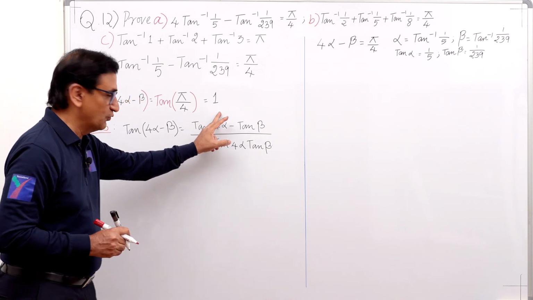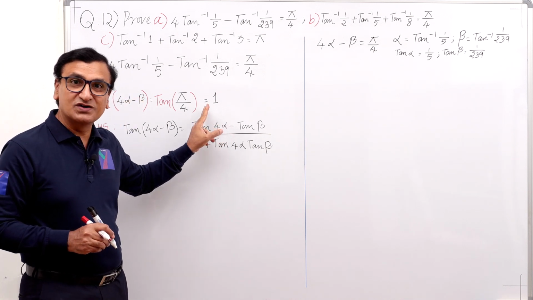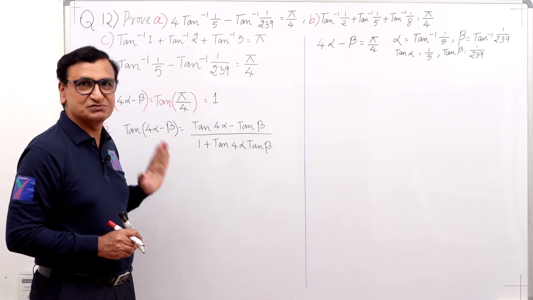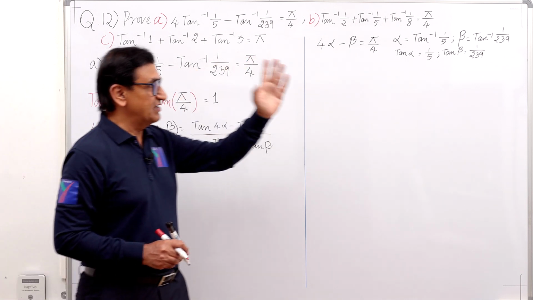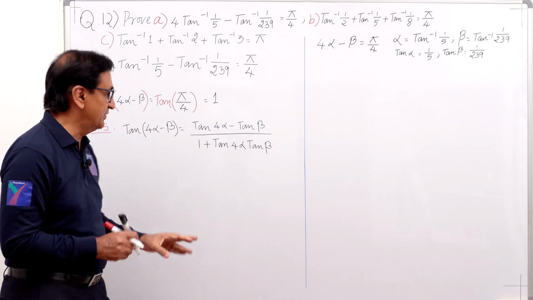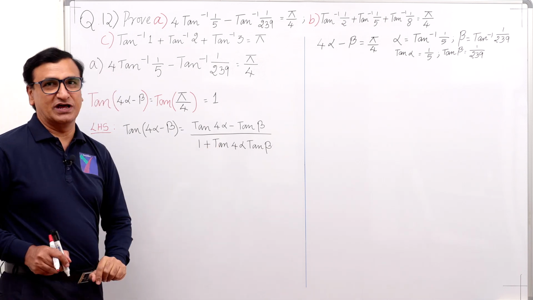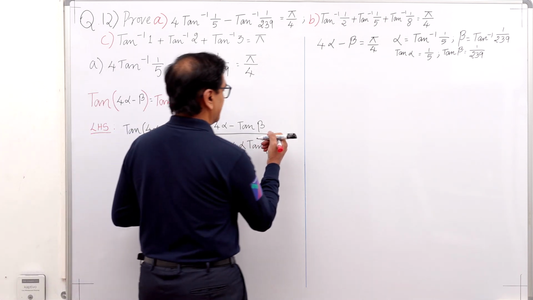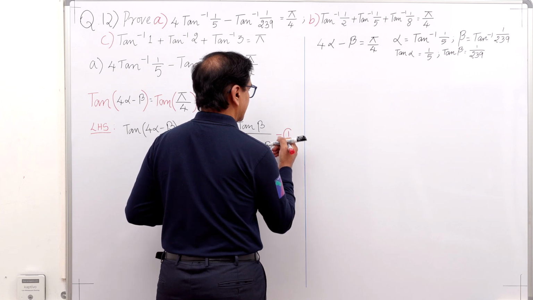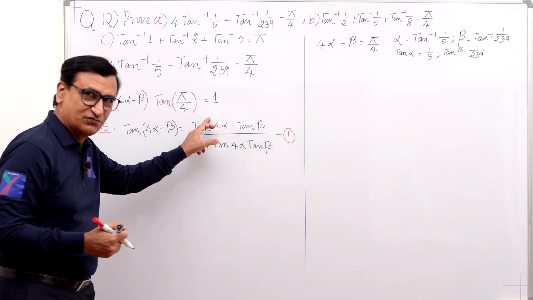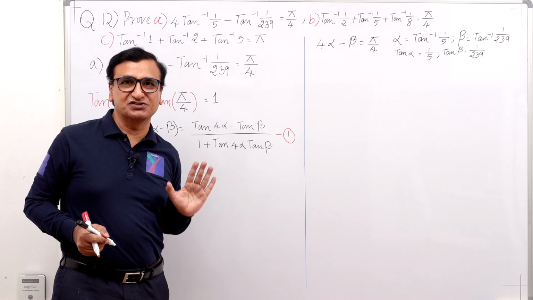Now I have tan 4 alpha. I need to evaluate what is tan 4 alpha, because tan beta is pretty straightforward. Tan beta is 1 over 239, no problem. But I need to calculate tan 4 alpha. Let me call this as equation number 1, because we will calculate tan 4 alpha and substitute in equation number 1.